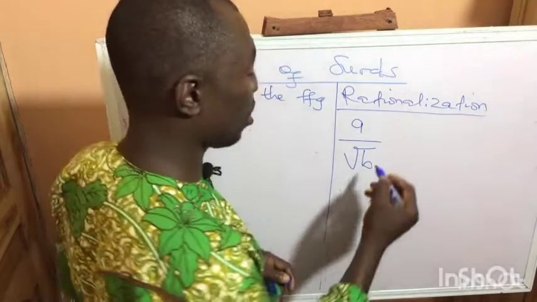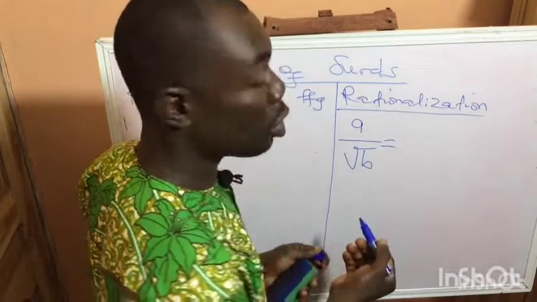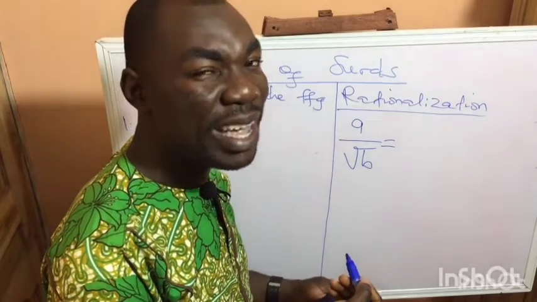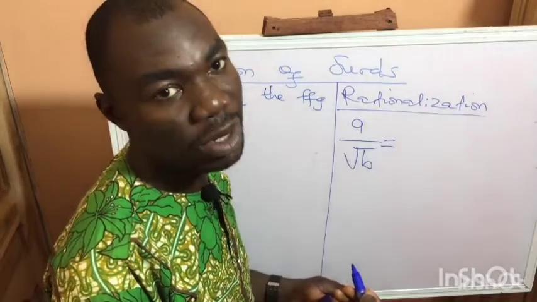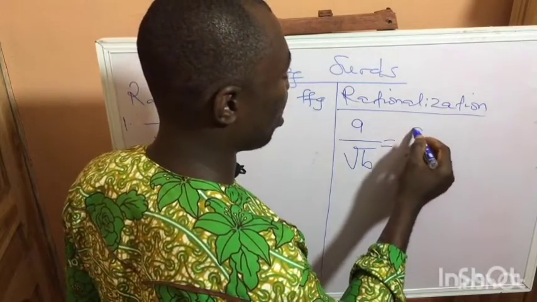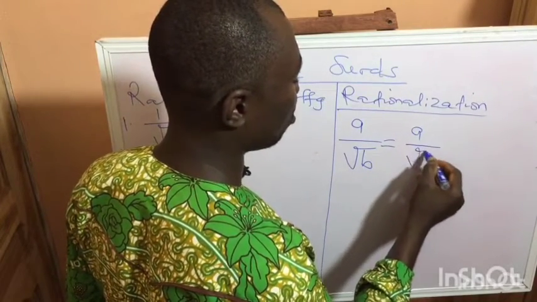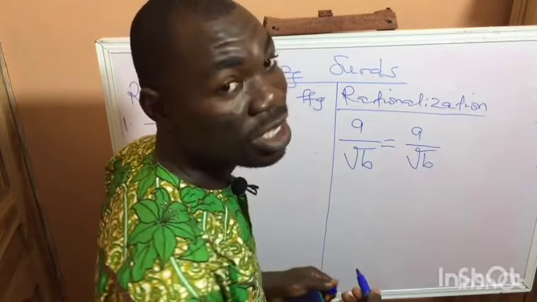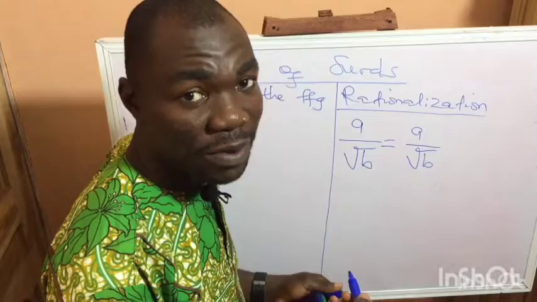So how do you rationalize? You multiply both the numerator and the denominator by the denominator. What do I mean? This is a over root b. To rationalize this, we multiply by root b over root b, root b being the denominator of the fraction.